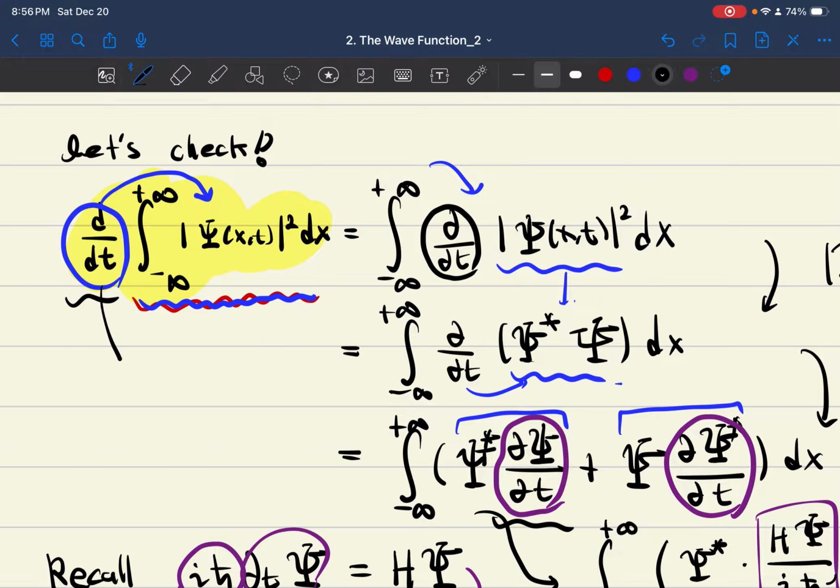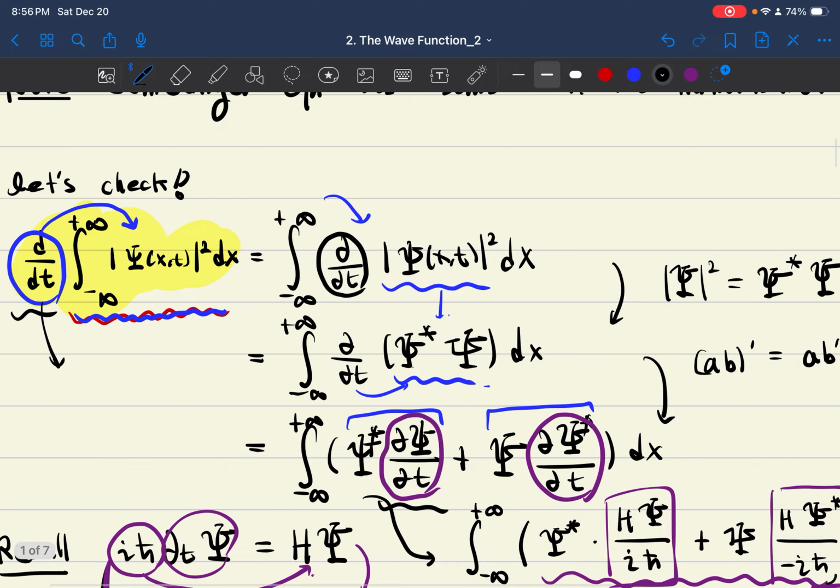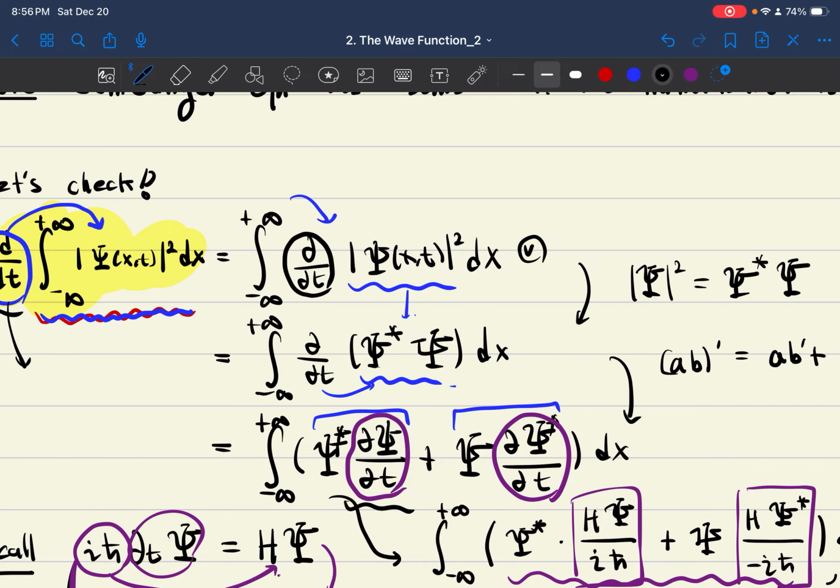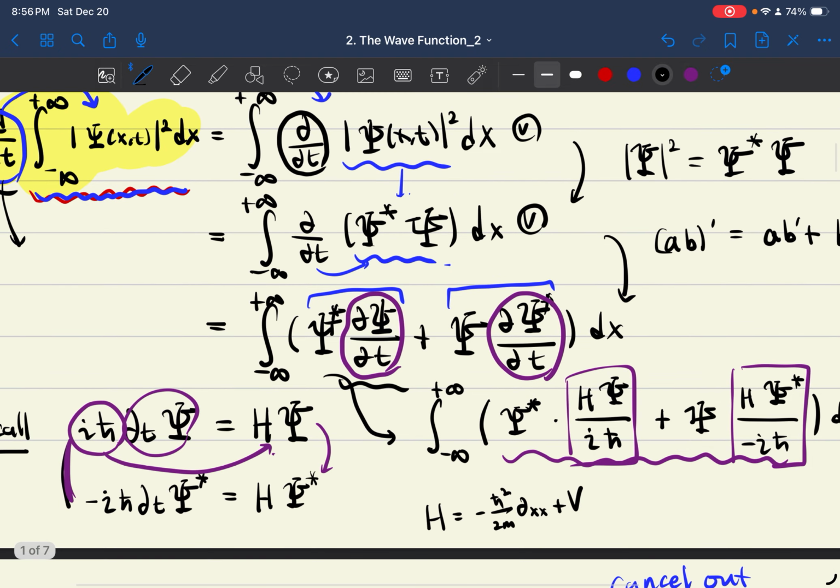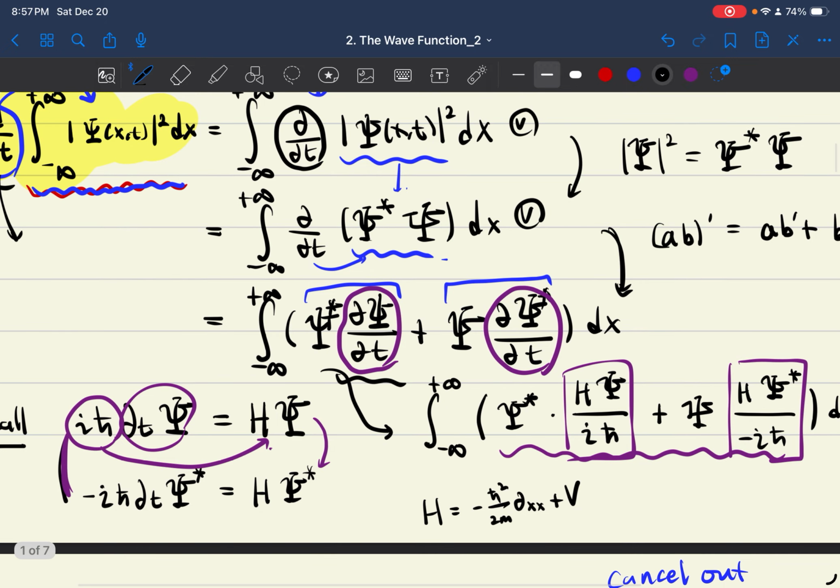You know that if d/dt of some quantity is 0, that means the quantity is preserved in time. So just calculate and calculate, like this. Very simple.